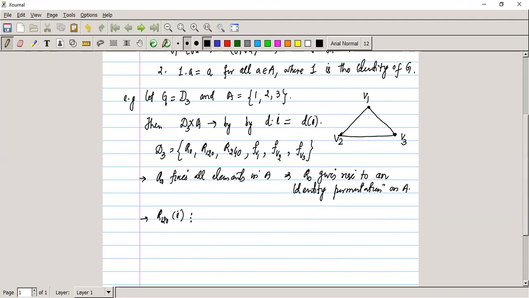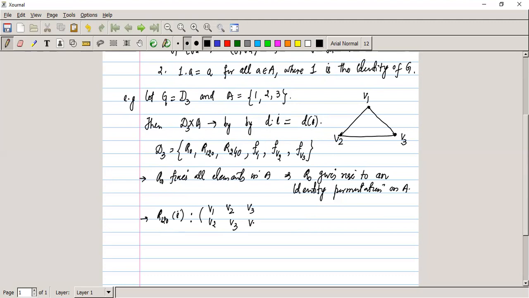Now R120 is a 120-degree rotation of this triangle. Let's assume this to be the identity figure. Then rotation of 120 degrees will send V1 into V2, it will send V2 into V3, and it will send V3 into V1. So this gives rise to a permutation which sends V1 into V2, V2 into V3, and V3 into V1.